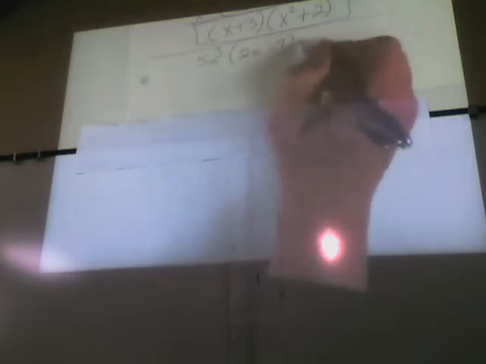So let's do another one like this. 5a to the 3rd power times 2a minus 7, minus 2a minus 7. What do they have in common? 2a minus 7.